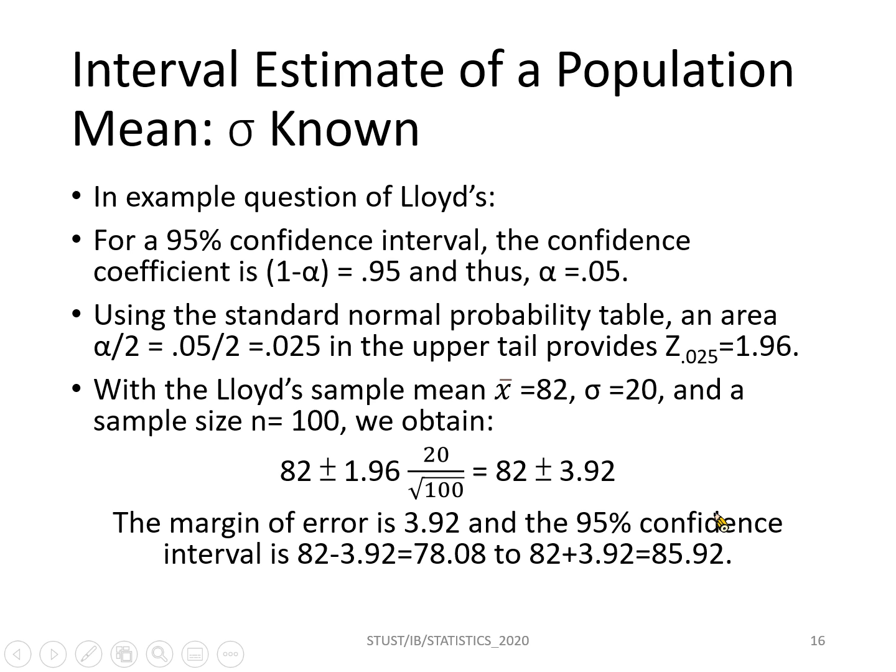So today, if in the example questions we find a 95% confidence level, the confidence coefficient will be 1 minus the alpha. You will get 0.95 and the alpha will be 0.05.